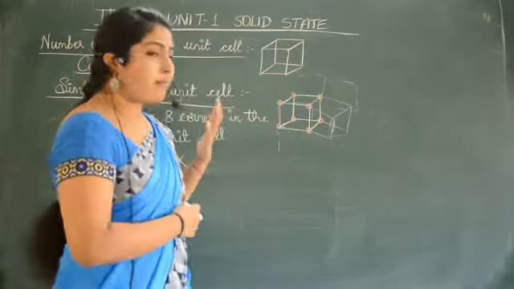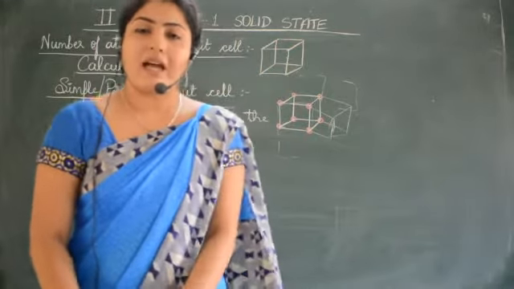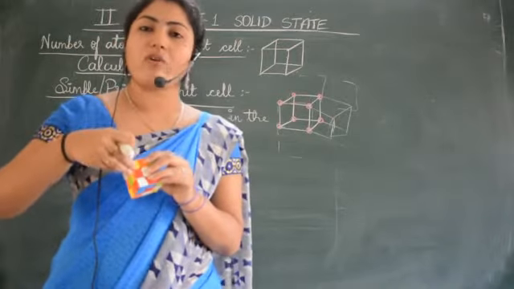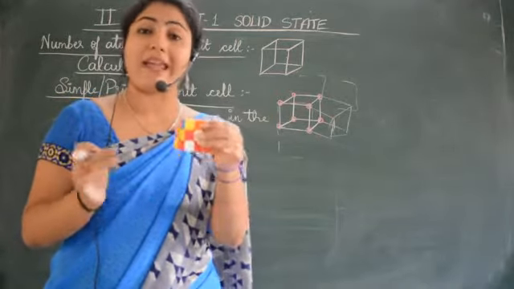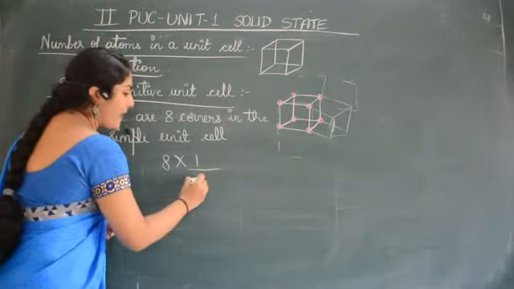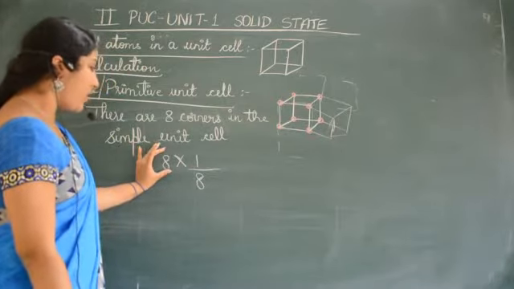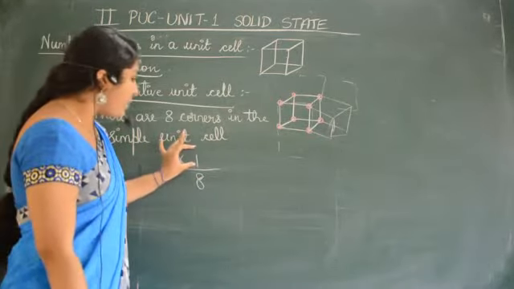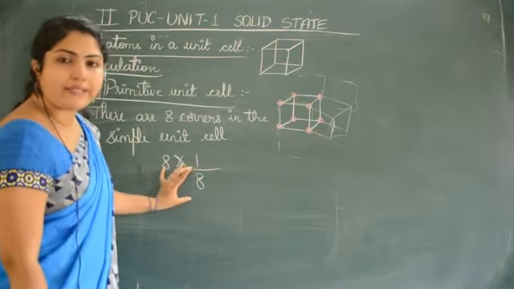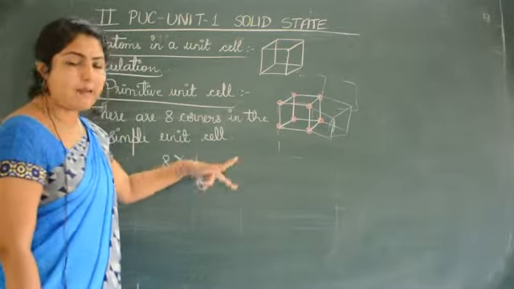I'm finding it difficult because we can only explain it 2-dimensionally. 3-dimensionally, you can just imagine that 1 atom is not for only 1 unit cell, but it is shared by 8 other unit cells. So I can say 1 by 8. There are 8 corners, each corner has 1 atom, and 1 atom is shared by 8 unit cells. So can I say that 1 by 8 part of it is for this unit cell?